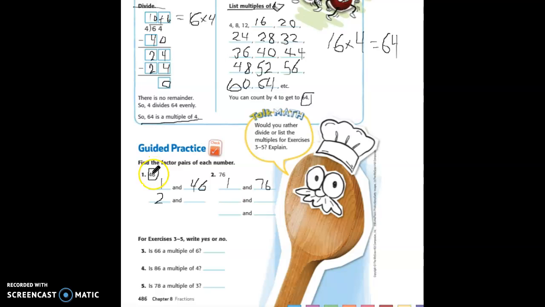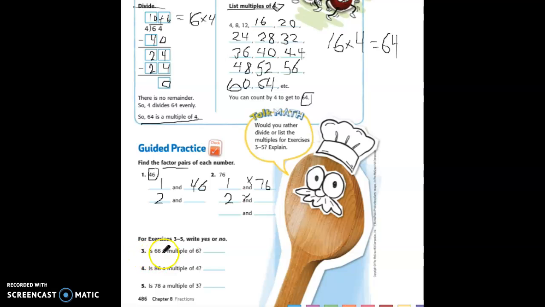So 2 times what will get you to 46? And again, this is even, so 2 is going to be here as well. What is the third one going to be? 2 times what will get me to 76? That's what you're going to do for the factor pairs.